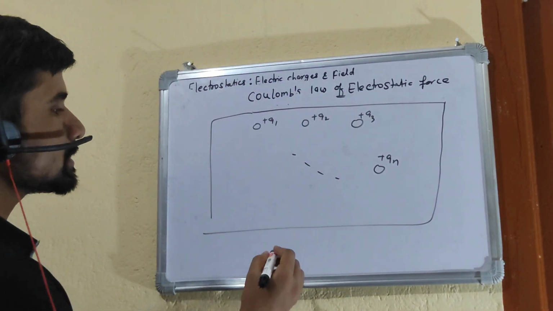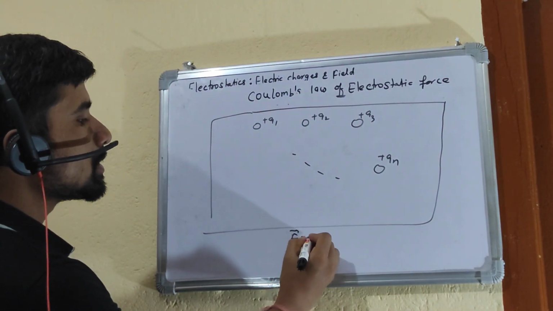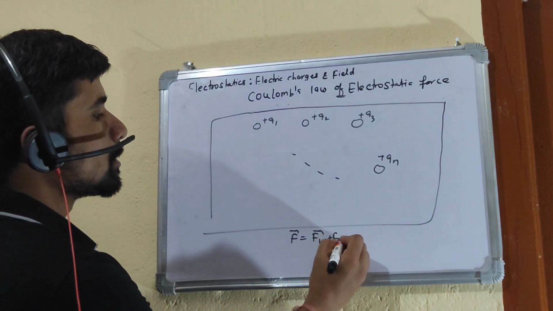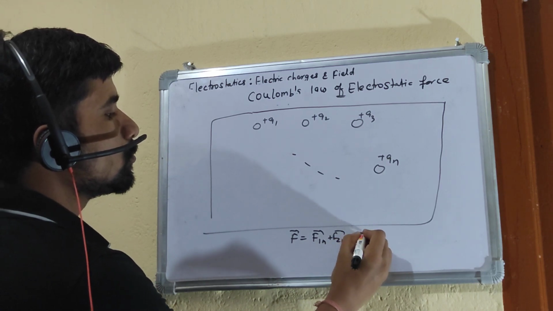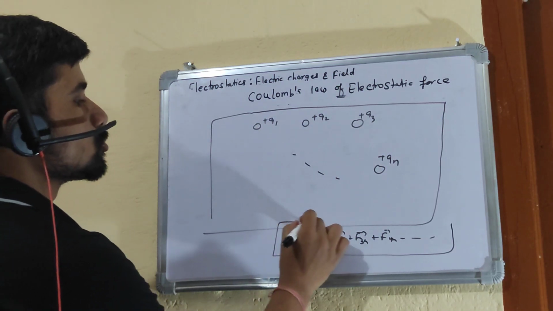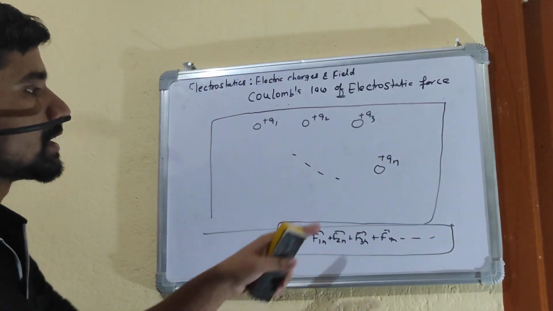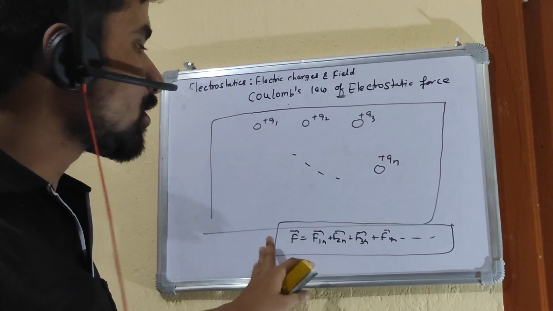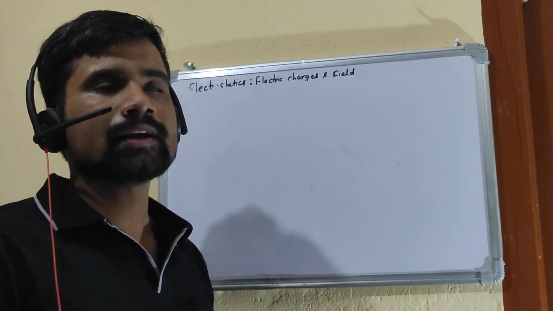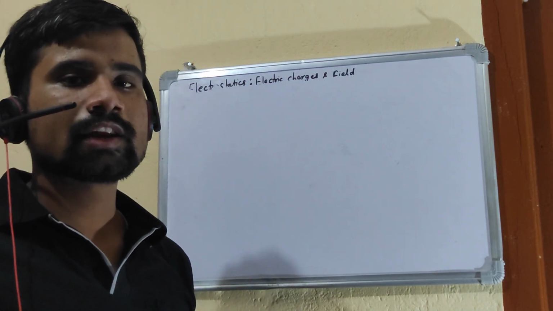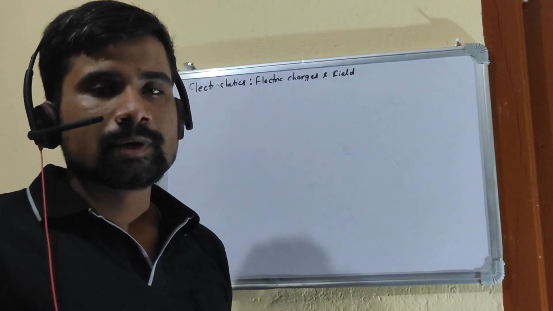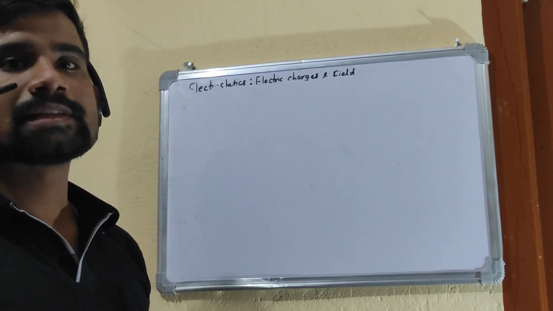So the net force will be because of 1 on n, because of 2 on n, because of 3 on n, 4 on n, and so on. So this is the net superposition of forces acting on Qn, and these are all in vector form. So we understood how we can calculate forces between multiple charged bodies.